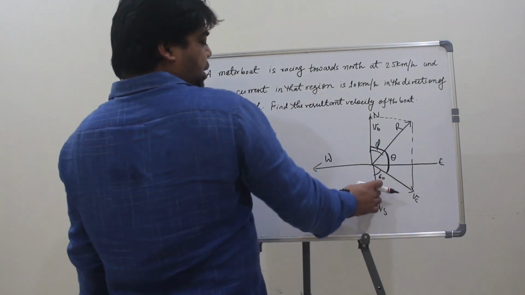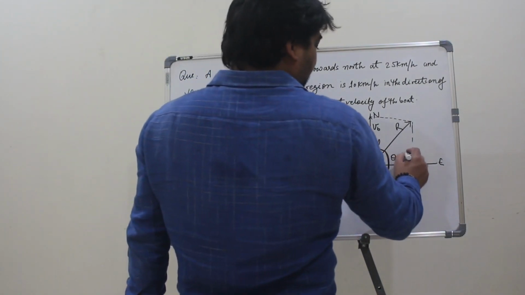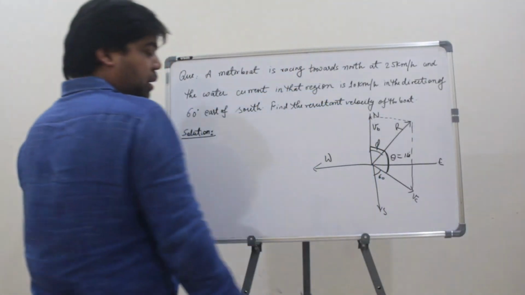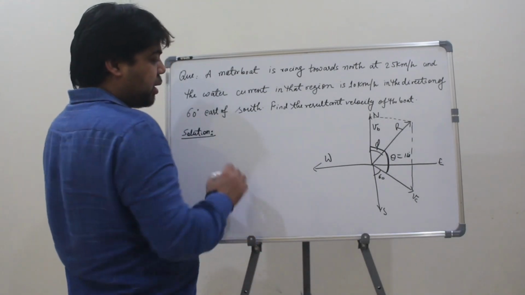Now if this is 60, it means theta is nothing but 120 degree, right? So let us first calculate the resultant.